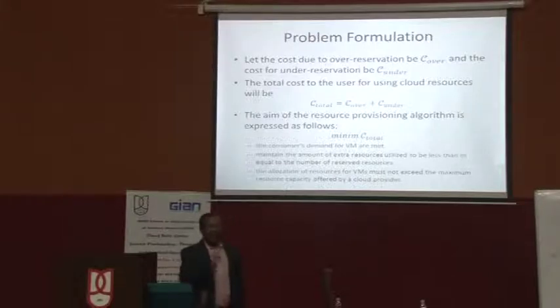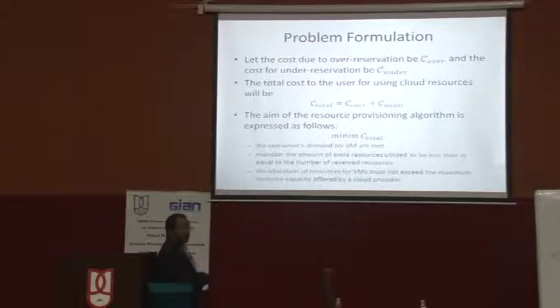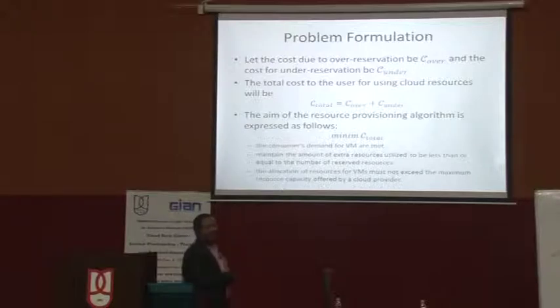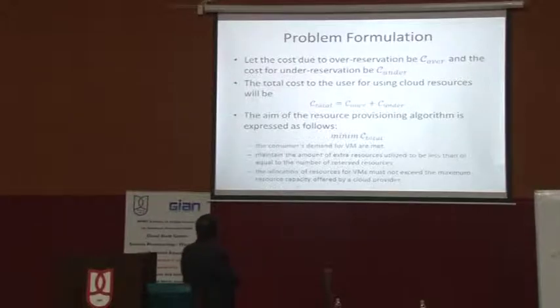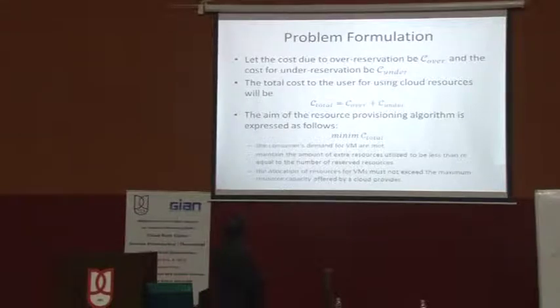this cost that is incurred. But there are constraints. These are the constraints. The consumer's demand for virtual machines must be met. So if the consumer says, I need 3 medium virtual machines plus 2 small ones, then I have reserved it. I should be able to get it anytime I want. So this is constraint number 1. And maintain the amount of extra resources utilized to be less than or equal to the number of reserved resources.